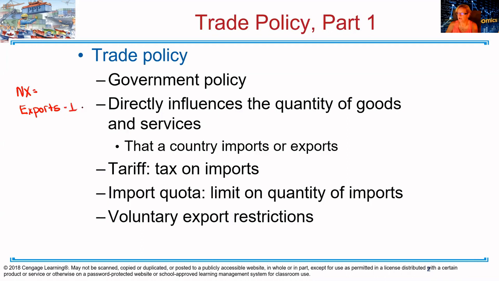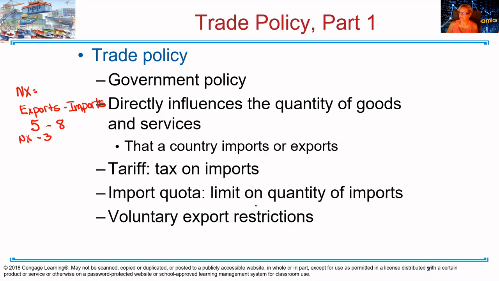In an effort to close the trade gap, what we might do is limit the amount of imports. Let's say right now we have a trade gap of 5 exports and 8 imports. So net exports here would be -3, showing a trade deficit.